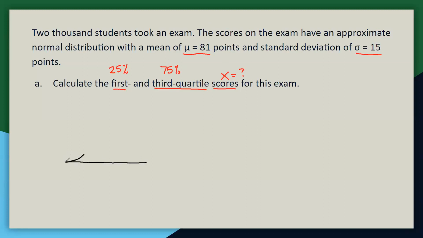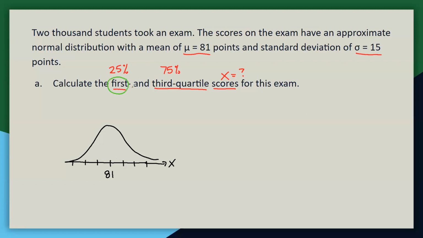So normal distribution. We know our mean is in the middle, so that should be 81. And then we want the lower 25 and the lower 75.